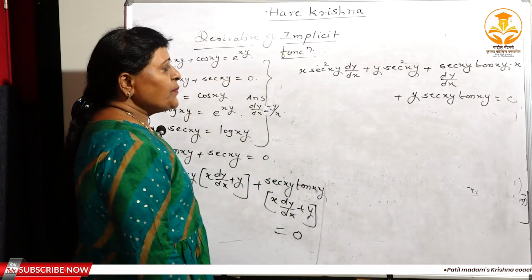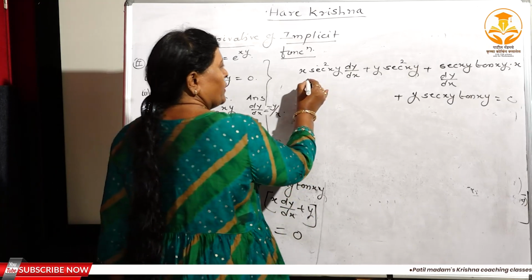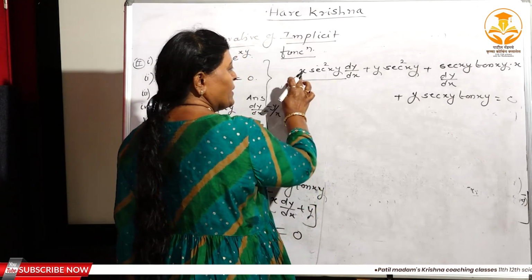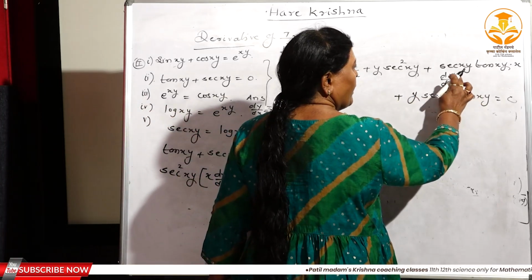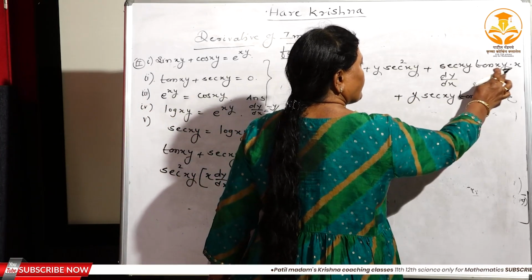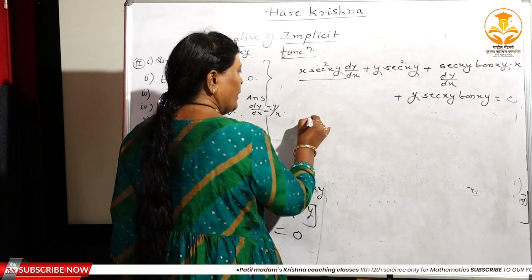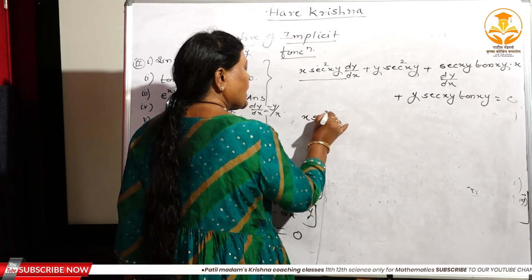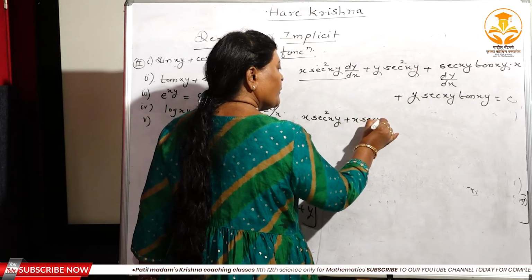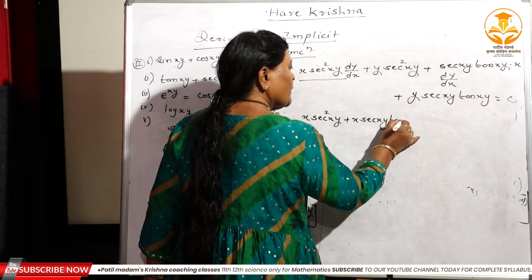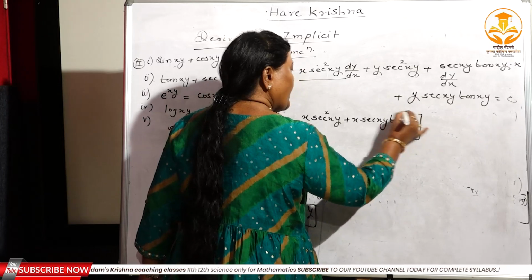Now again collect the terms of dy by dx. Here the coefficient of dy by dx is x into sec square xy. Here again, what is the coefficient of dy by dx? Sec xy tan xy into x, right? Therefore here x sec square xy, and here plus x sec xy into tan xy into dy by dx.